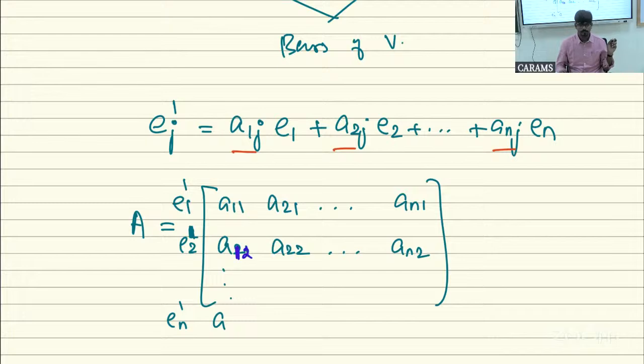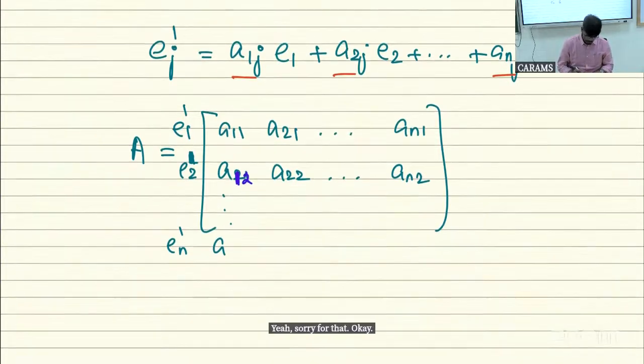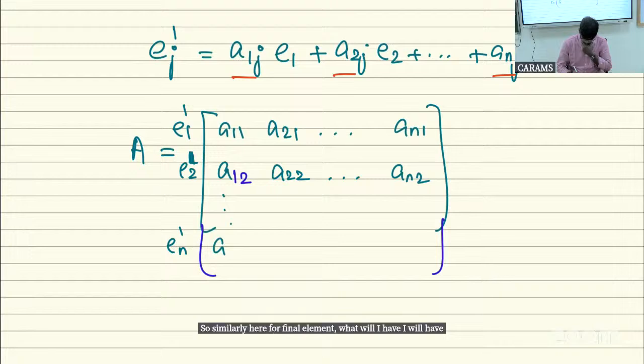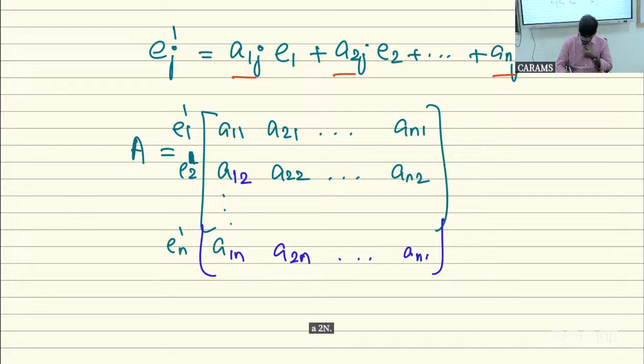Yes, sorry for that. So that's supposed to be 1, 2. Maybe it is easy for me to erase and write. Similarly, for the final element, I will have A1n, A2n, and so on up to Ann. Okay, so that's it.